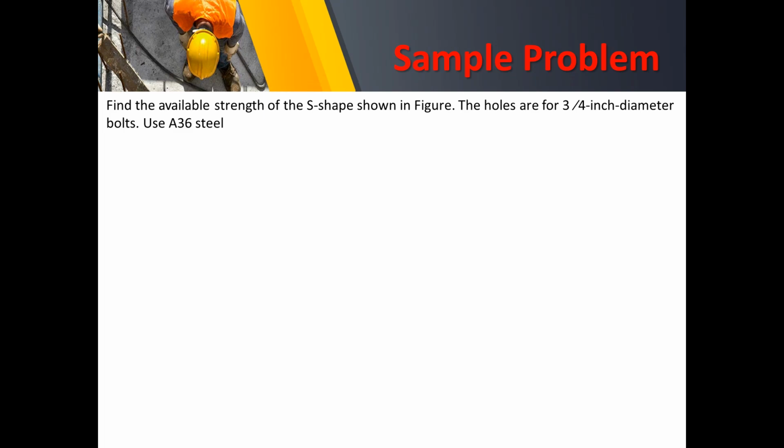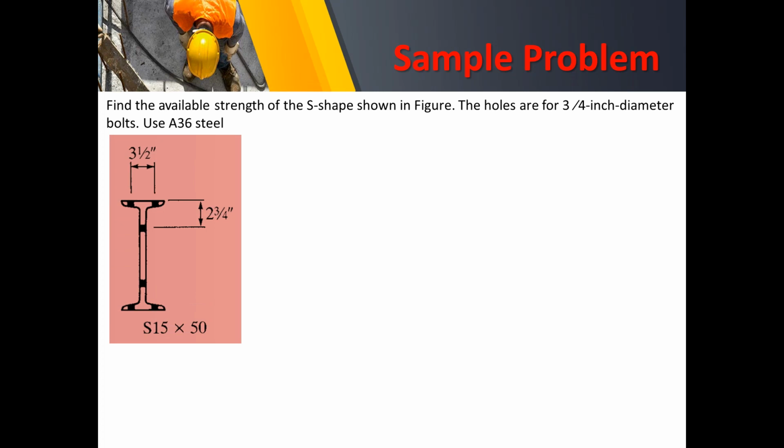So let us consider that in an example. Find the available strength of the S shape shown in the figure. Now the holes are for 3/4 inch diameter bolts. We use A36 steel shape. So here will be the illustration.